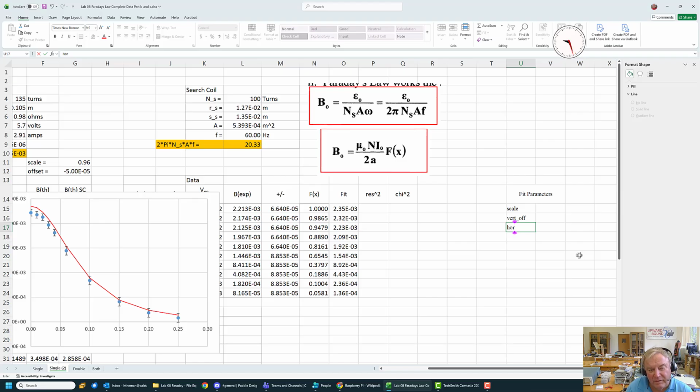Well, horizontal offset's gonna be a little tricky, because then I'd have to... Oh yeah, I know how to do it. Okay. And then we have the sum of the res squared and the sum of the chi-square.